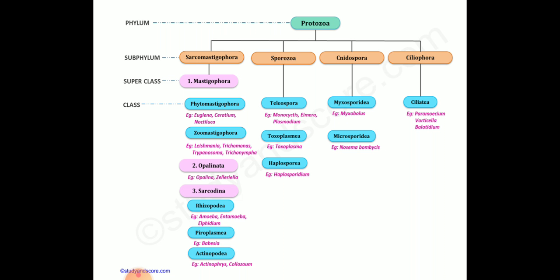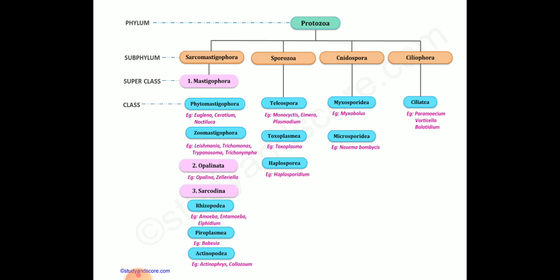These are the three classes under Sporozoa. Next, the two classes under the subphylum Nidospora are Myxosporidae and Microsporidae. And under Coeliophora, we have Ciliata.